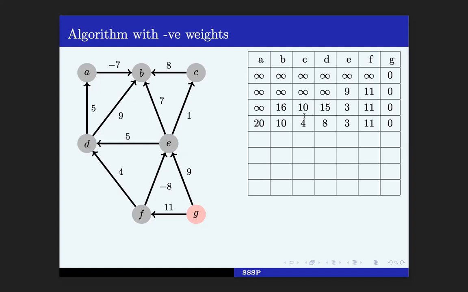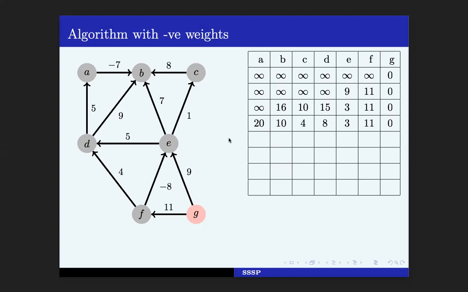G to E with 2 steps is written here. It is 3, the previous one. So 3 plus 1 is 4. Oh wow, wonderful. So this becomes 4. So 4 and 10, minimum is 4, and that's why it's 4. Note that if you unfold our original recurrence, you will see that this information, the shortest path from G to E, is being used many times in this whole computation.